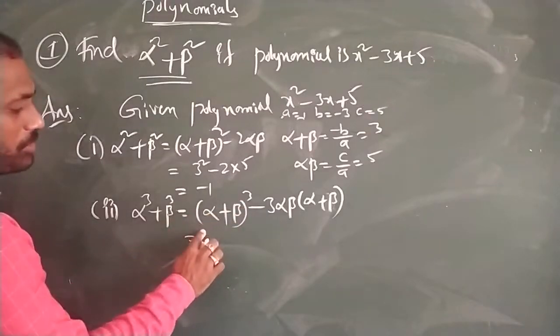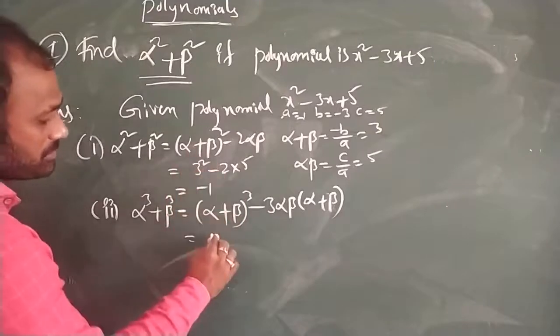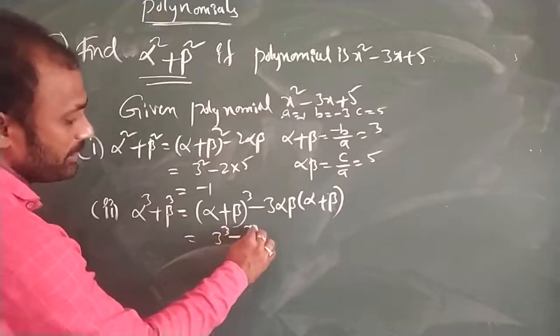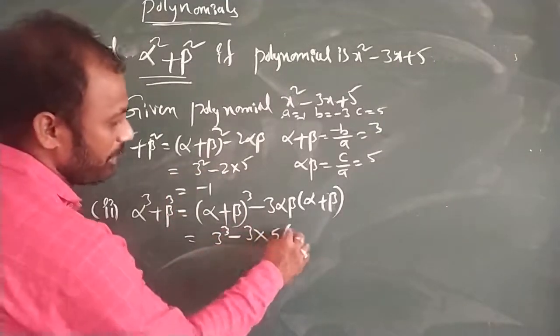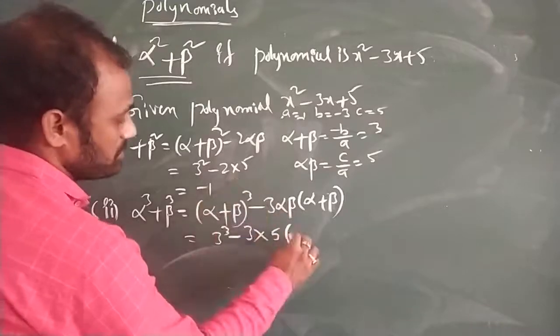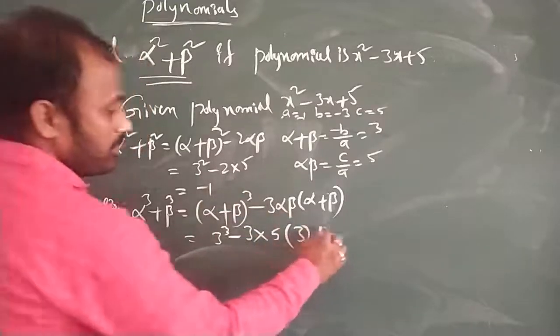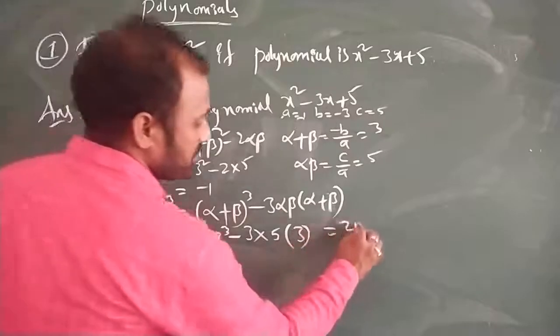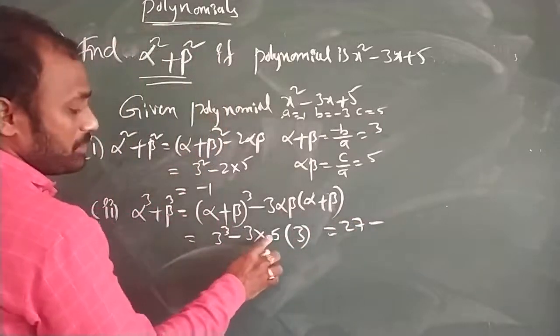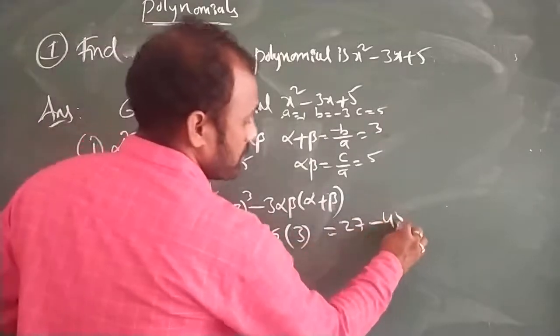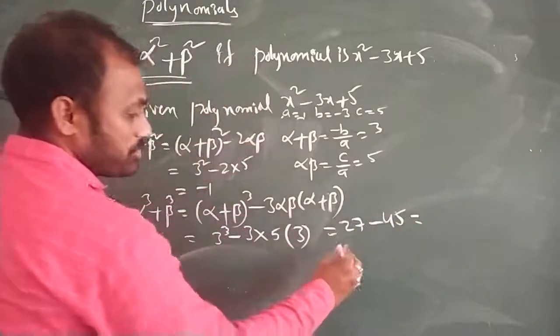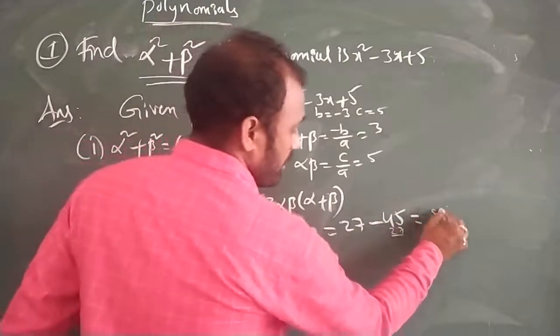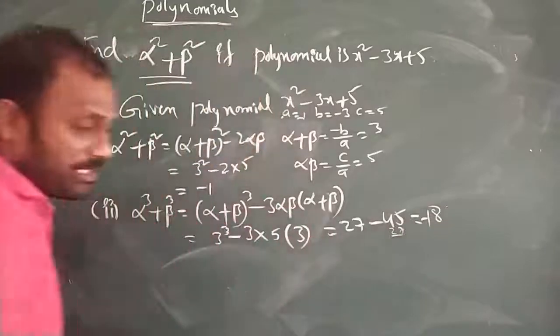Substituting the values, alpha plus beta is 3, so 3 cube minus 3 into alpha beta, 5, into alpha plus beta, 3. 3 cube is 27, minus 3 fives are 15, 15 times 3 is 45. So 45 minus 27 is 18, which is the answer.